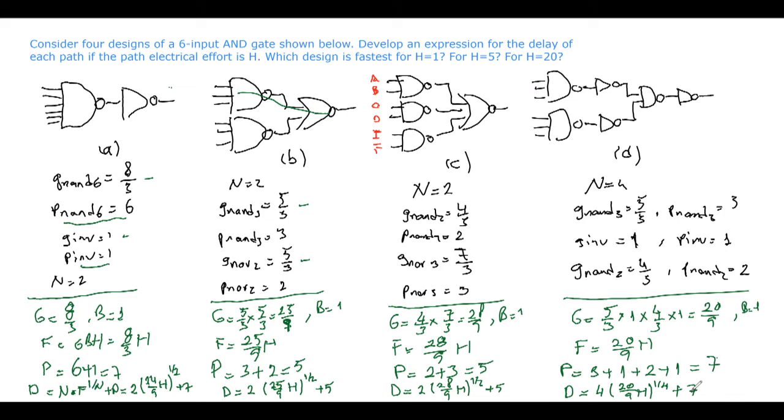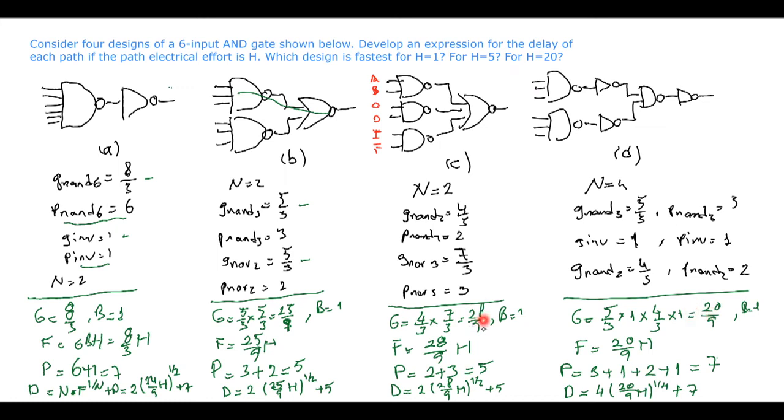Based on these expressions, what we can do is compare. We can easily compare the 2-stage ones first. I cannot get the last implementation D. We see that this expression has the least capital G, 20 over 9.